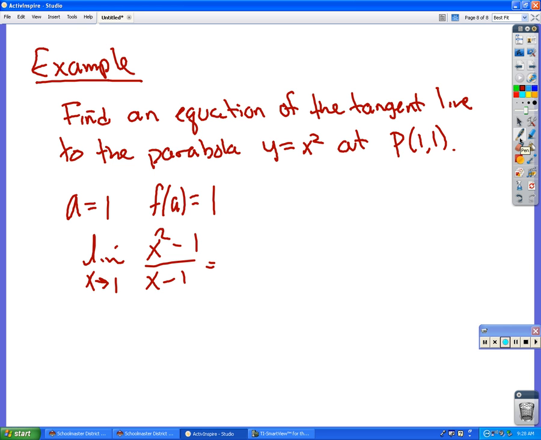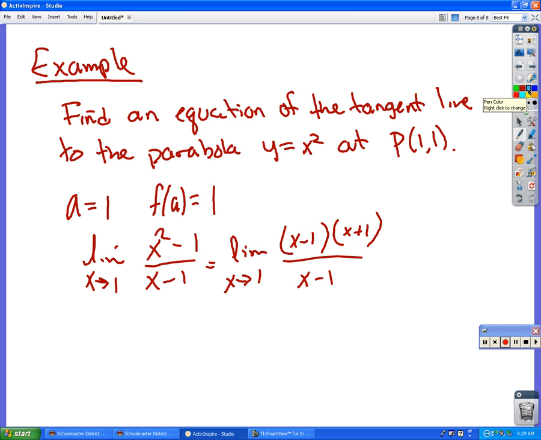How do I evaluate that limit? Factor the top. Too soon. Factor the top into x minus 1 times x plus 1 over x minus 1, which allows us to cancel the x minus 1s, and then I can plug in the value of x directly and find out that my answer is 2.